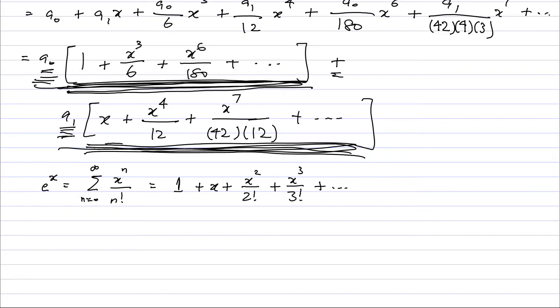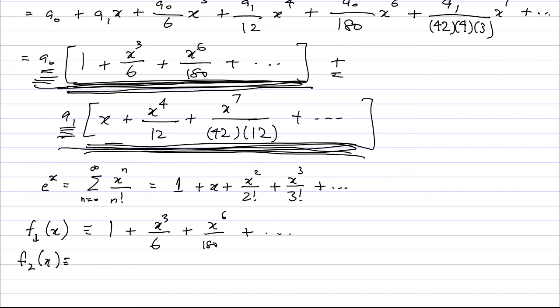So for example, you can call f1(x) as 1 plus x cubed over 6 plus x to the power 6 over 180 and so on, and f2(x) is defined as x plus x to the power 4 over 12 plus x to the power 7 over 42 times 12, and then so on.